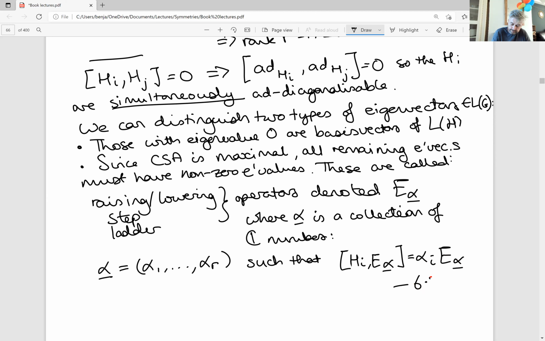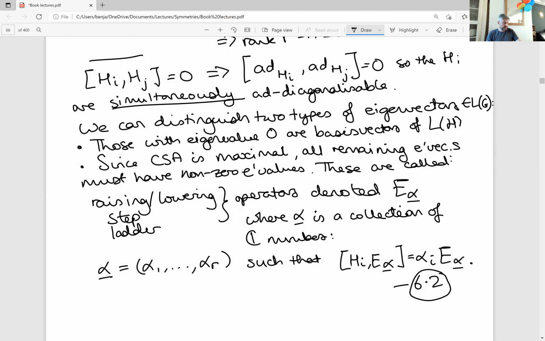This is equation 6.2. So this defines what the alpha_i are once you've defined the Lie algebra in terms of the H's and the E's, these ladder operators.